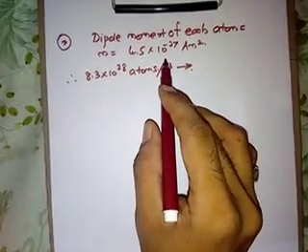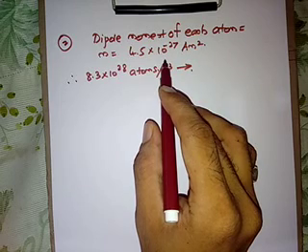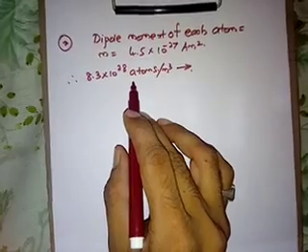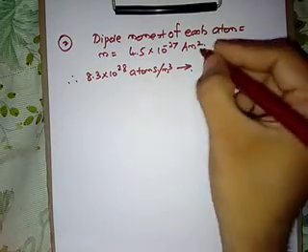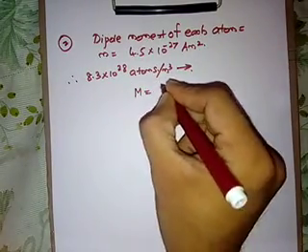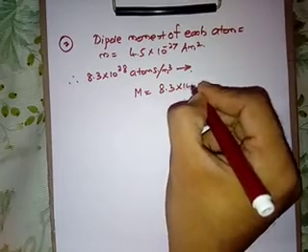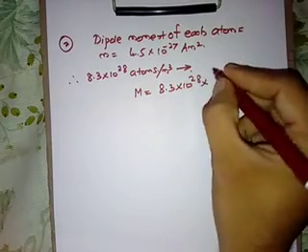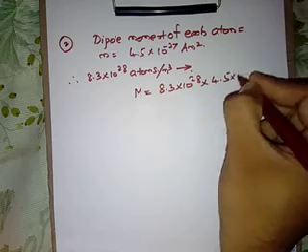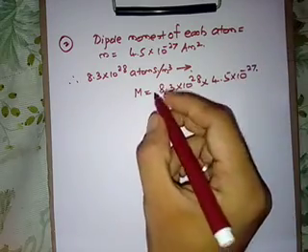For one atom the dipole moment is 4.5 into 10 raised to minus 27. Therefore, for 8.3 into 10 raised to 28 atoms, that will give us the magnetization. So magnetization M is equal to 8.3 into 10 raised to 28, this into 4.5 into 10 raised to minus 27.